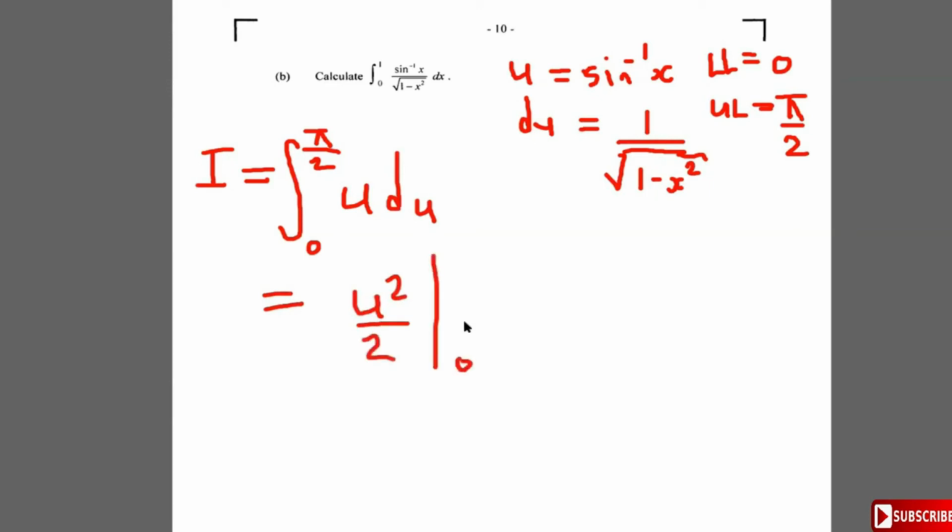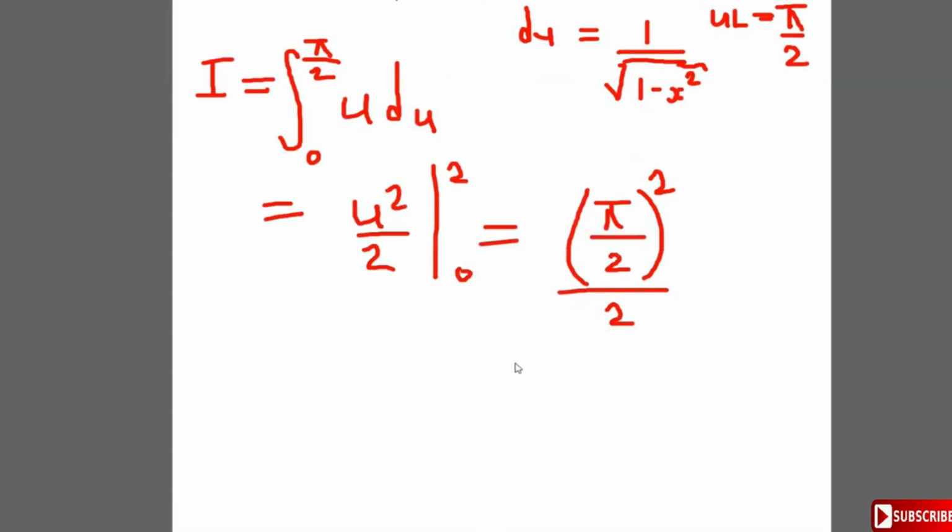So all you have to do now is substitute u as pi by 2. So now you're getting pi by 2 all squared divided by 2. So it's going to be pi squared over 8. That's the integral, pi squared over 8. That's the answer. Nice and easy.